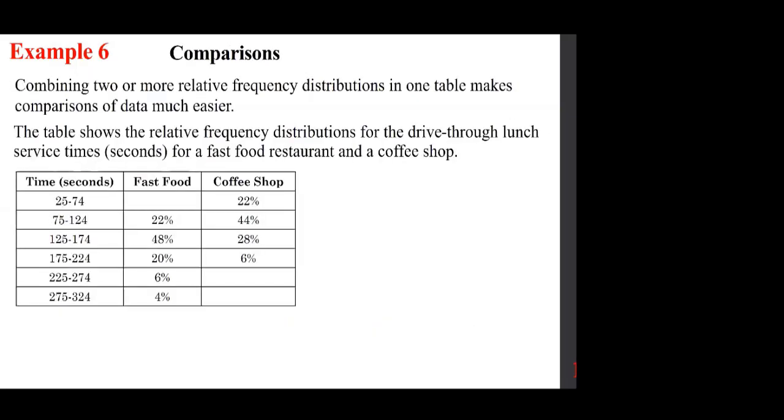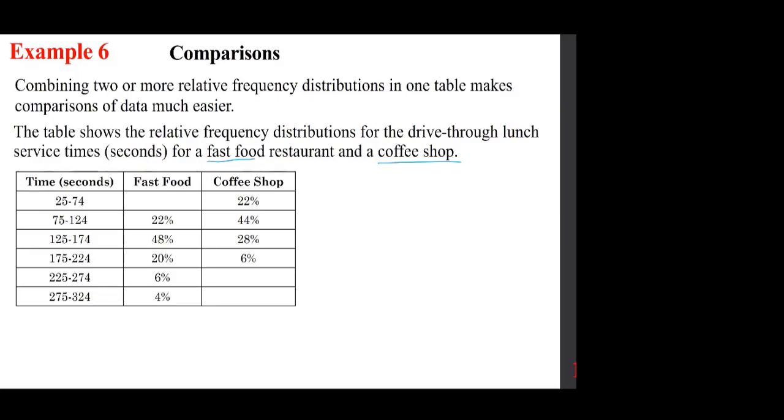Sometimes when we combine relative frequencies, then we can get something out of it. In this case, the table shows the relative frequency distribution for the drive-through lunch service time for a fast food restaurant and a coffee shop.